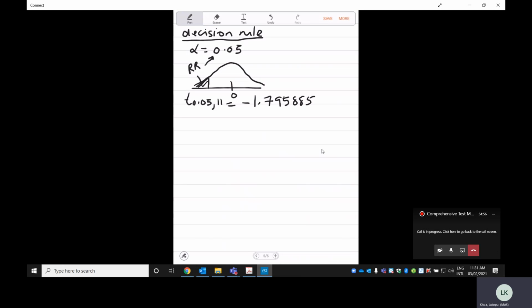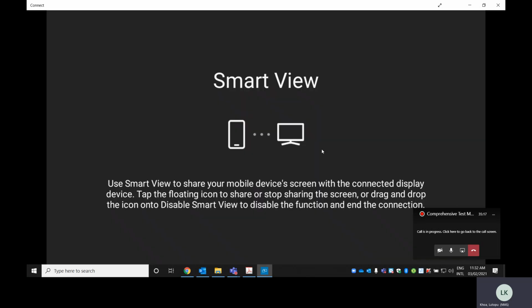Okay, and then our rule is that we reject H naught if our T-stat, or the calculated, is less than negative 1.795885.